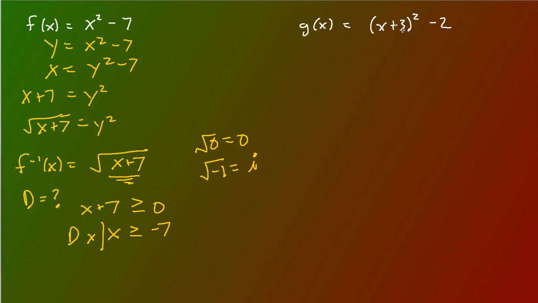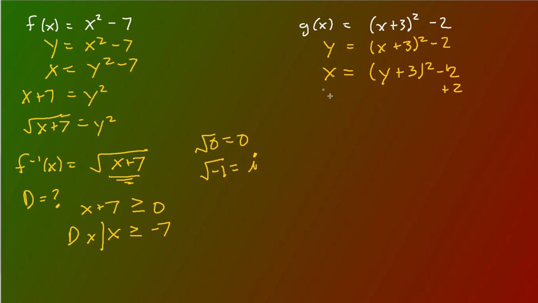Let's try this one. So I replace my g of x with a y, just because it's easier to write that. And now I switch x and y, because I'm going to find my inverse. And now we're going to solve for y, but it's very tempting to go ahead and expand this, but I don't want to do that because that's going to make it actually much harder.